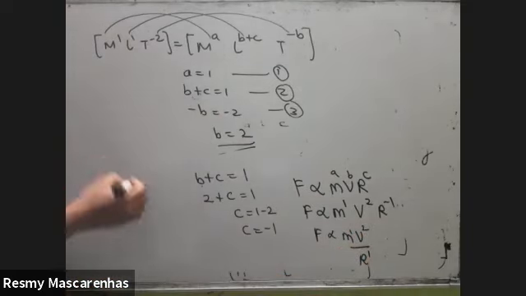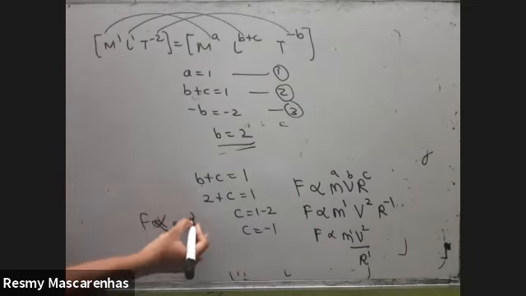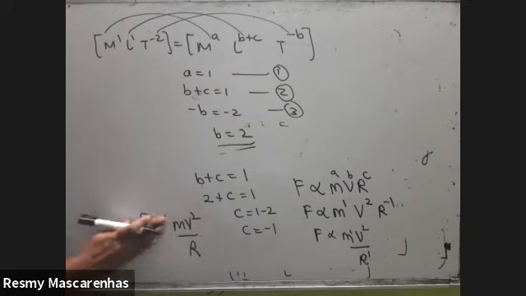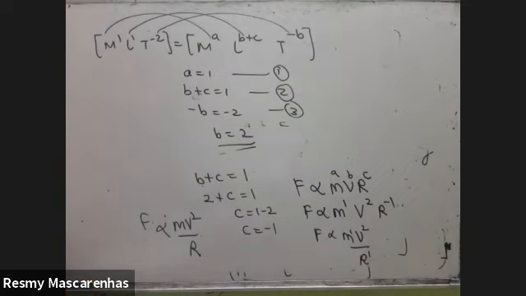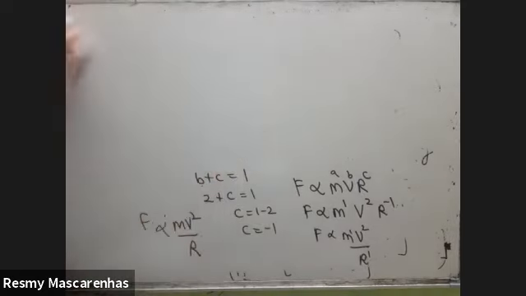So the formula will be F is directly proportional to mv square upon R. I should feel like you're some scientist, you are deriving some formula on your own. Next formula I'll derive.